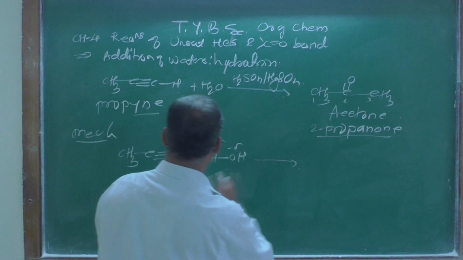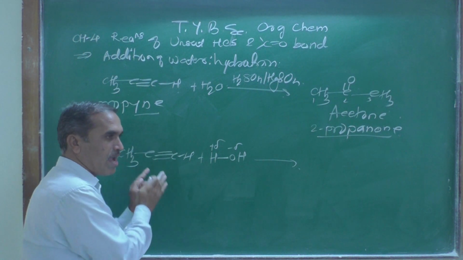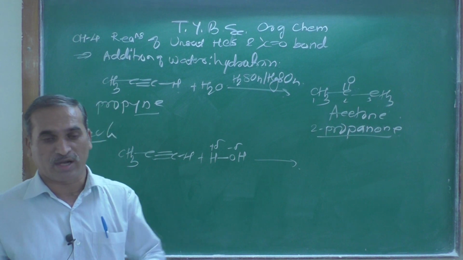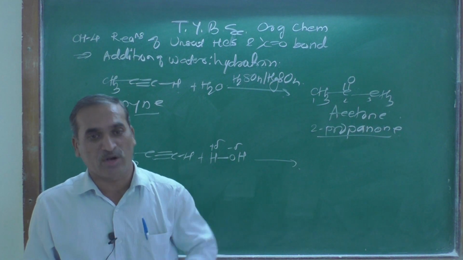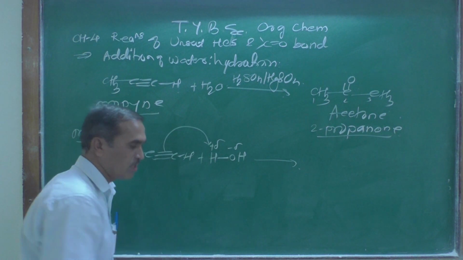And as we know how to show the mechanism arrow, this acts as a nucleophile, and nucleophile means an electron rich species, and an electron rich species always attacks the electrophile.